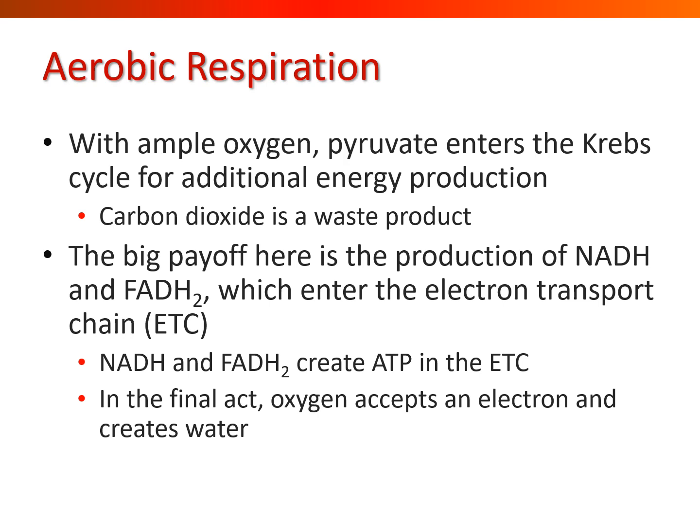And then we shuttle those over to the electron transport chain, where we have the huge payoff in ATP production, because NADH and FADH2 are going to be the molecules that create ATP over in the electron transport chain. But we still have to talk about the Krebs cycle, so let's do that.